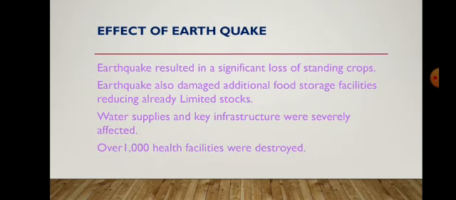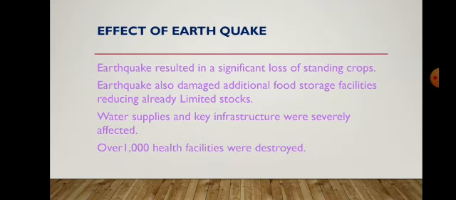Malnutrition rates in some areas of Nepal are among the highest in the world. So already there were reports of malnutrition in Nepal. In that condition, due to the earthquake, the food grains were also destroyed.